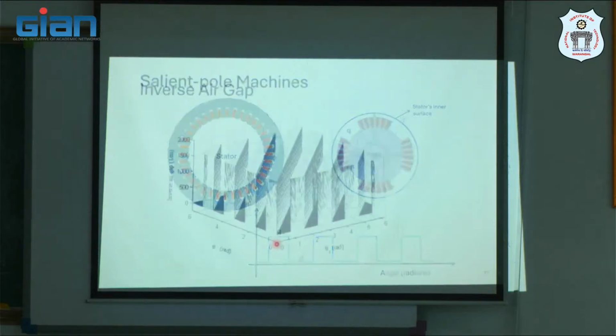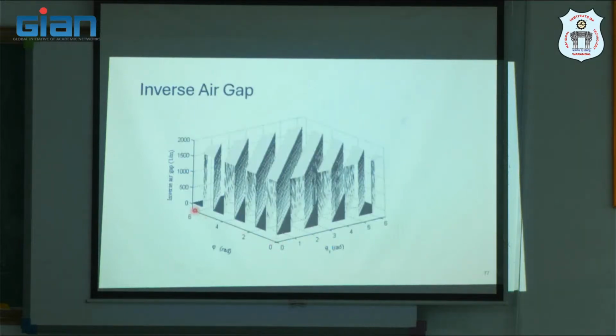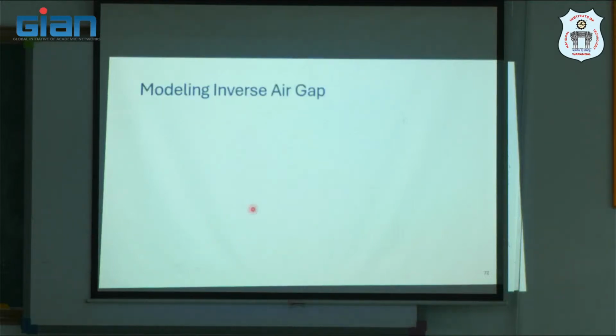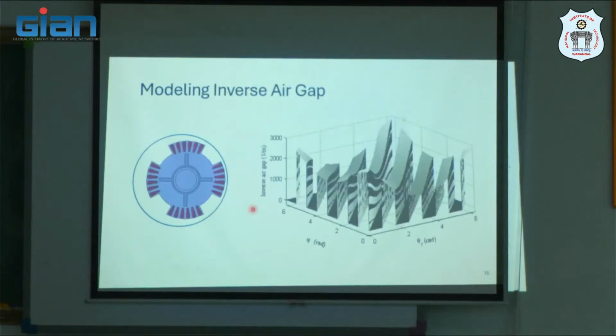If you look at it from a three-dimensional perspective, stator angle, rotor angle, this is how it will look. When you do the eccentric fault, the air gap can be thought of as a function of stator angle or rotor angle. It will be varying differently. So we have to come up with an inverse function.